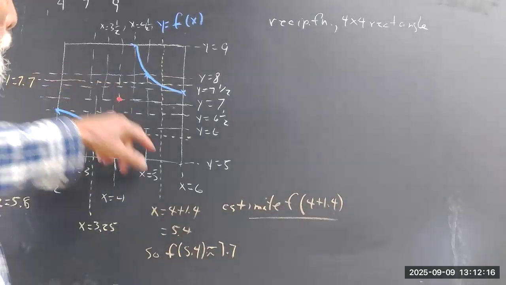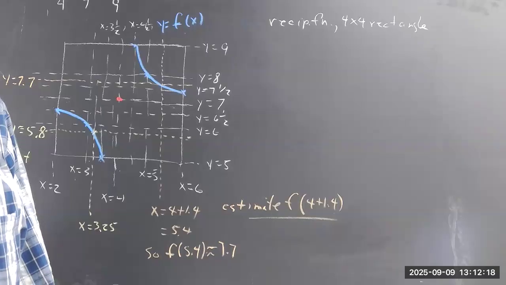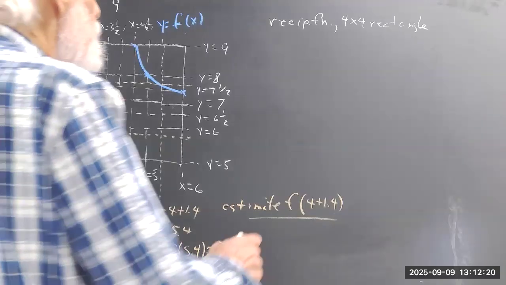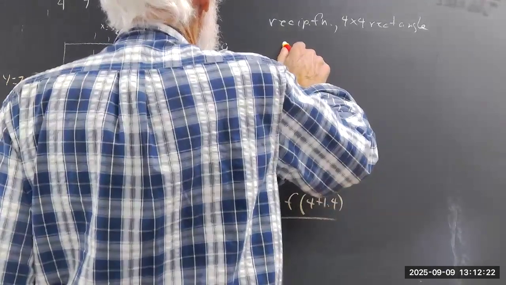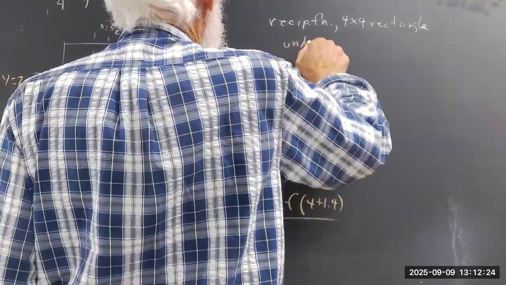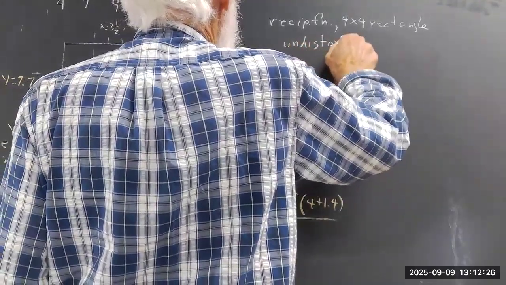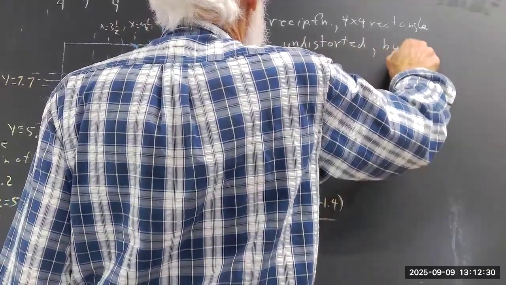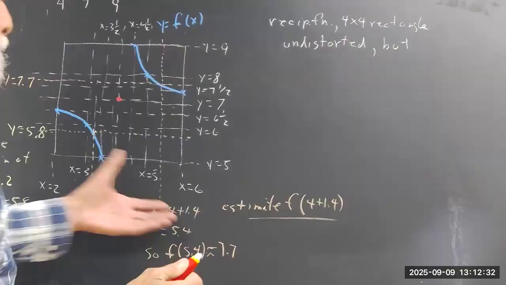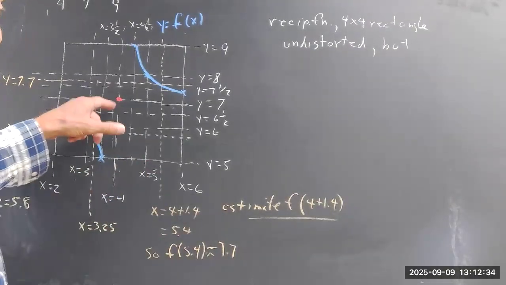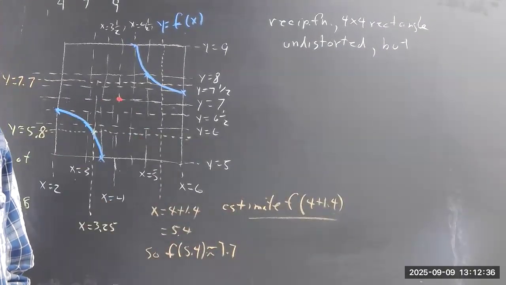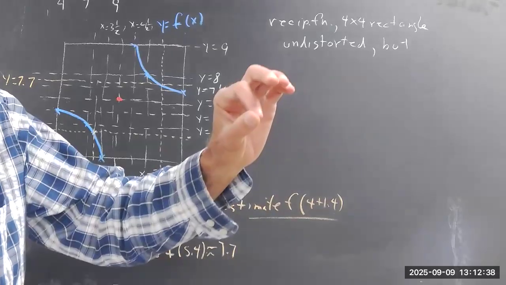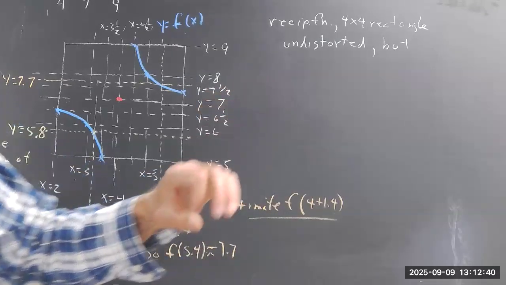Well, we still have a 4x4 rectangle, so it's undistorted. The shape is the same as it would be if this was the origin, but it has been moved. Okay.